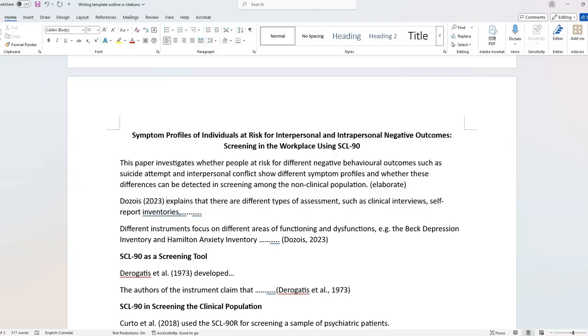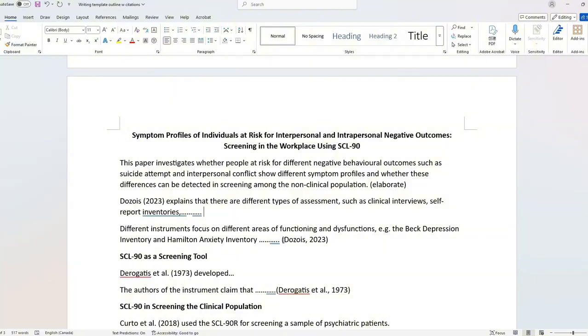This is the author of the textbook. Rather, this is the editor. I think the textbook is an edited book. Dozois, 2023, explained that there are different types of assessment, including clinical interviews, self-report inventories, etc.